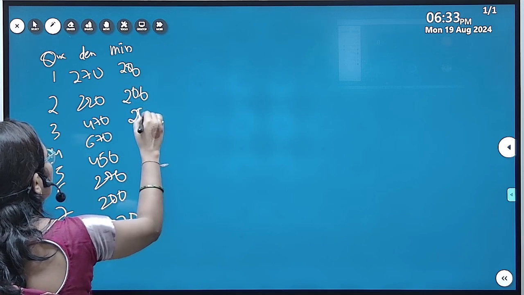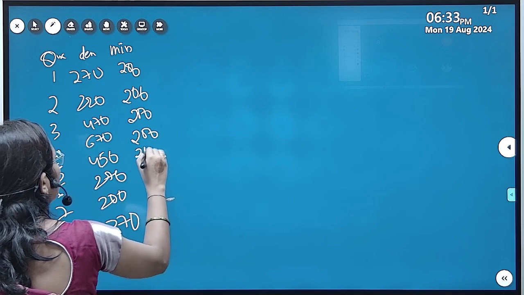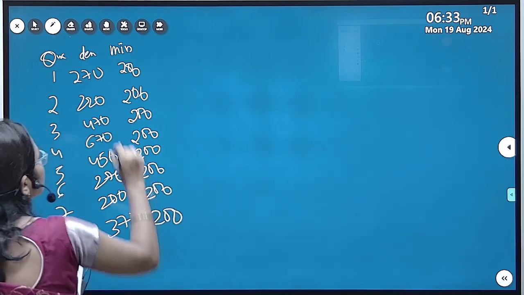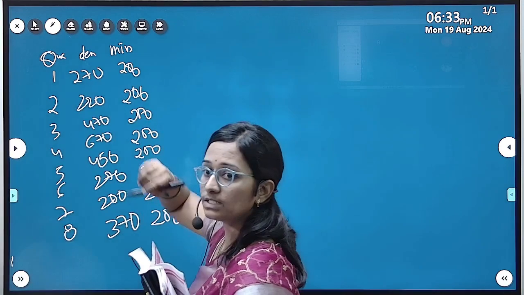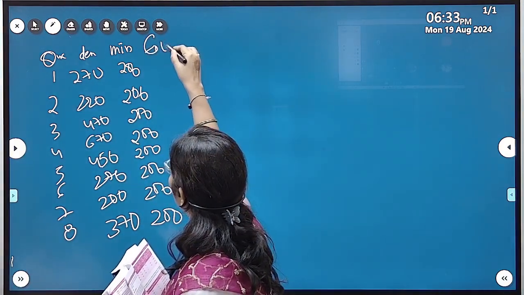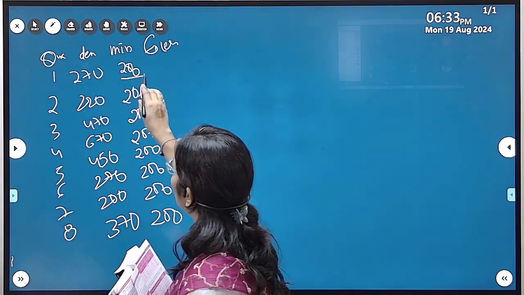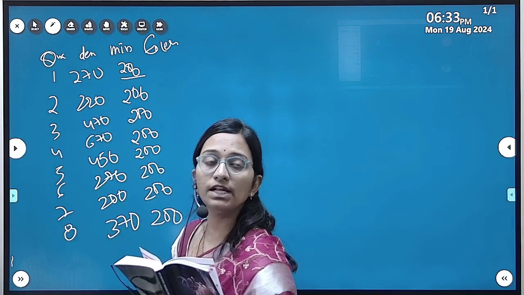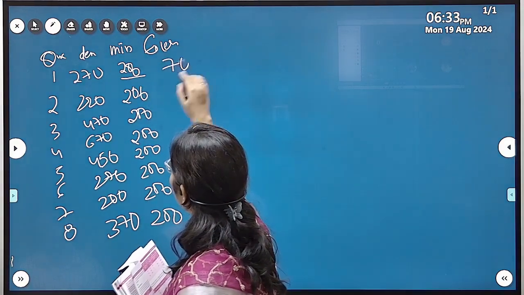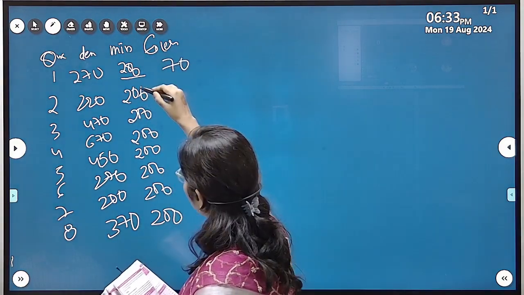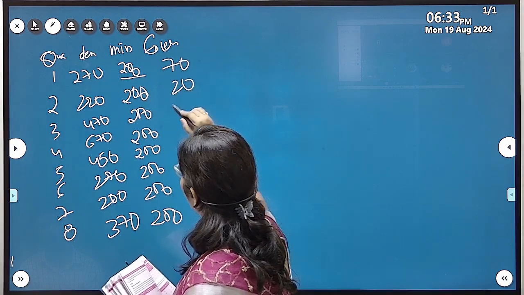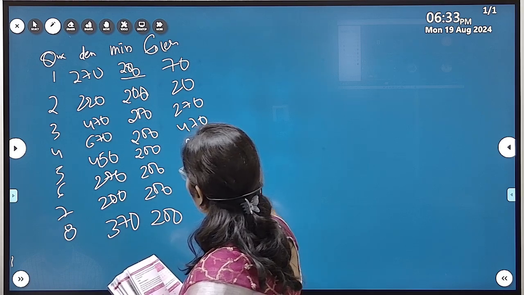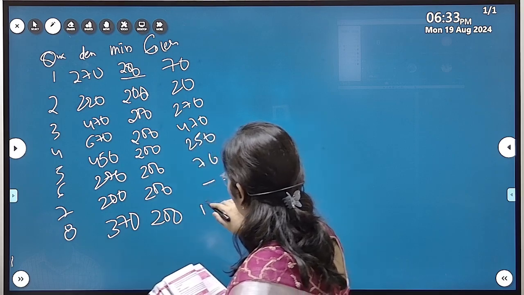Now they are assuming that the minimum demand they will meet will be only 200 in every quarter. So what is the excess demand they have? The minimum demand they have thought is only 200, but the excess demand is 70 units. So 70 here, 20 here, 270 next, 470 next, 250, next 70, next nil, 170.